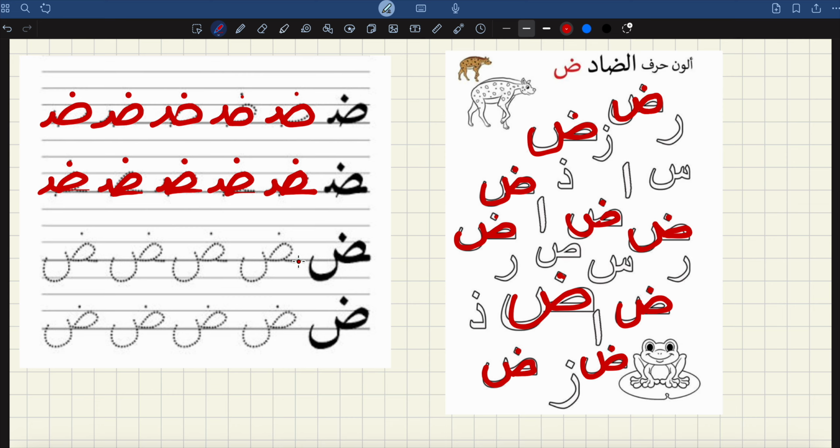At the end of the word it is like this too. Do not forget the dot.